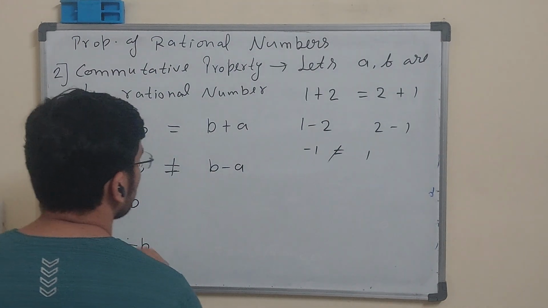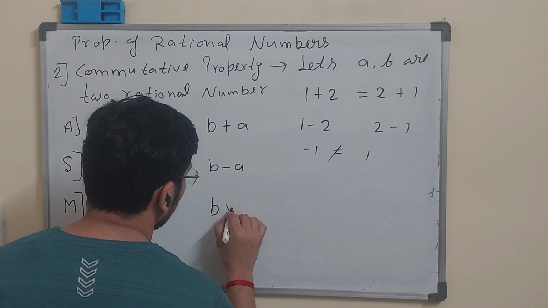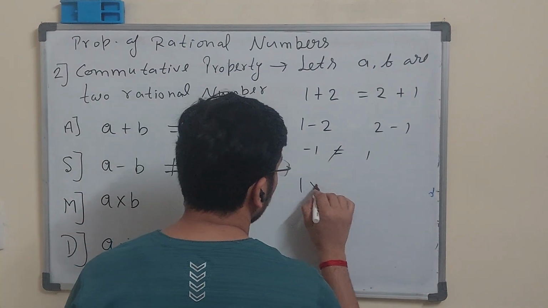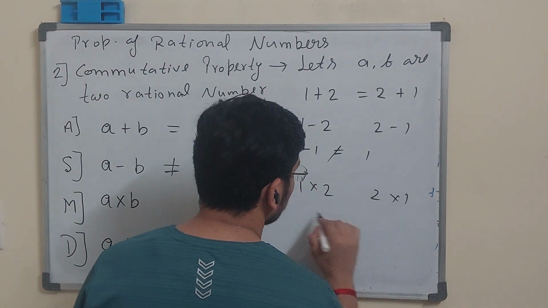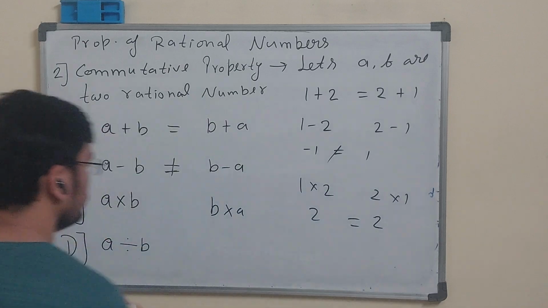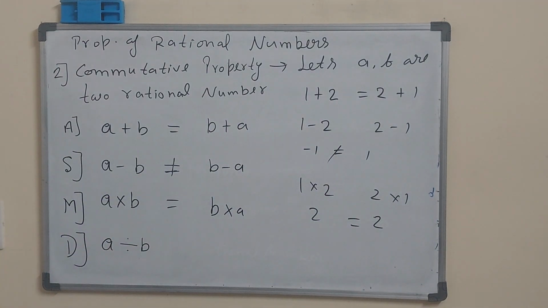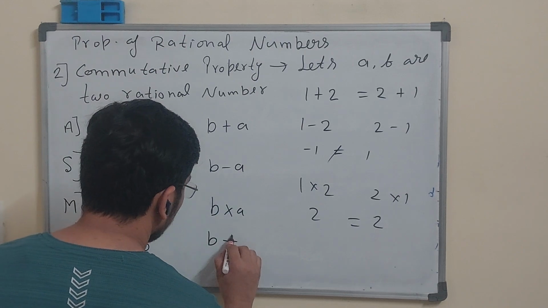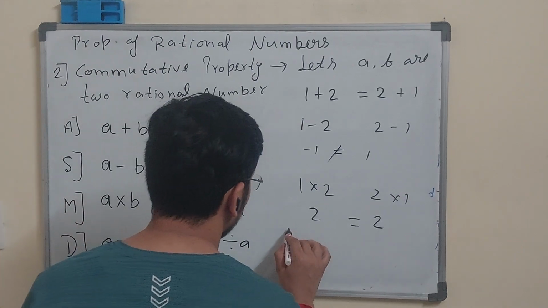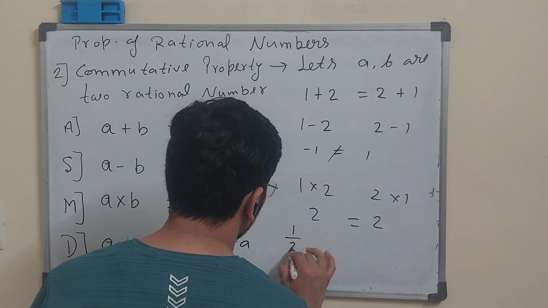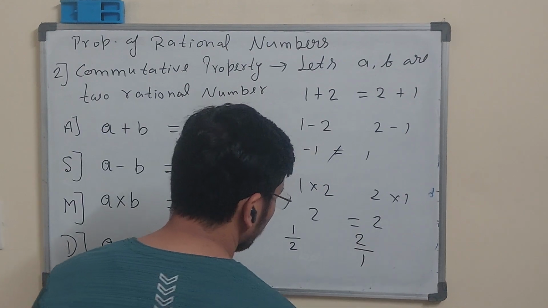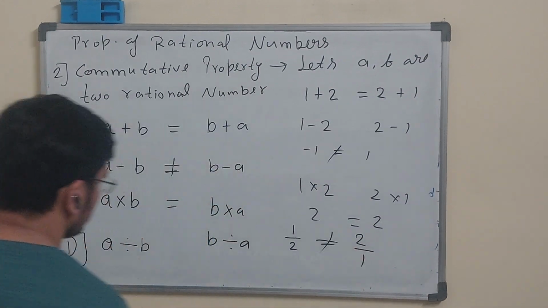In the case of multiplication, A into B, B into A. Let's check 1 into 2, 2 into 1. Both sides 2, so it will be equal. But in the case of division, suppose 1 upon 2 and 2 upon 1, both are not the same.